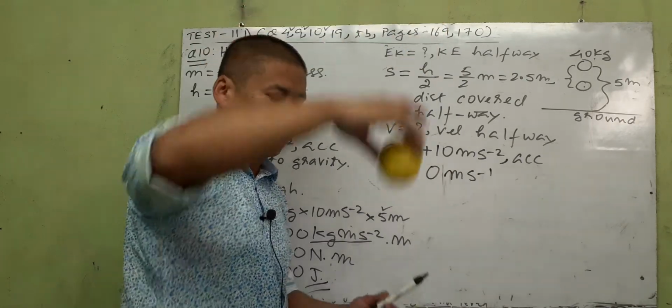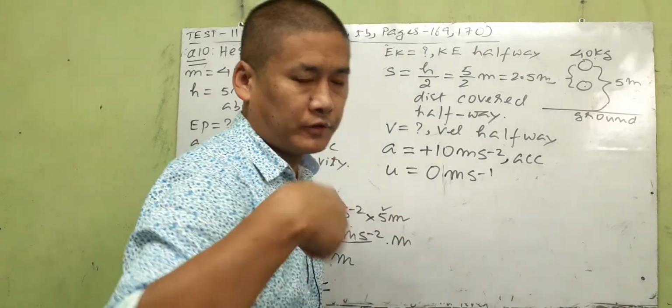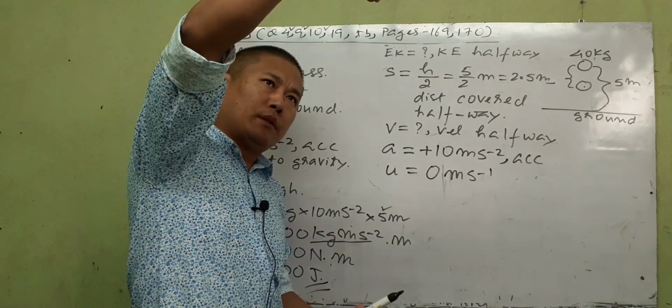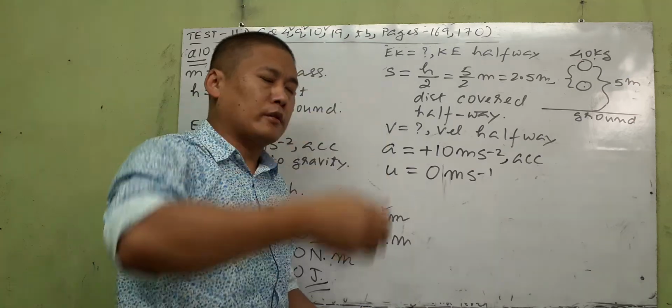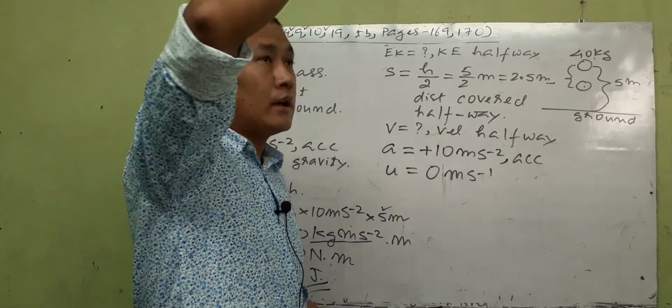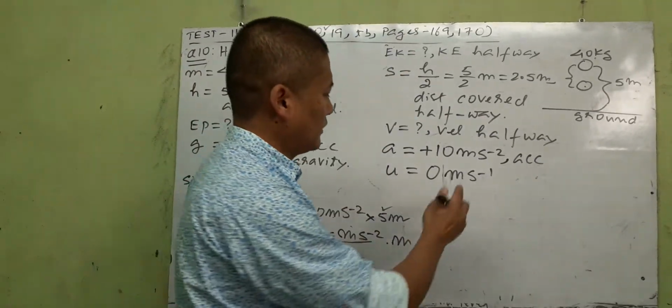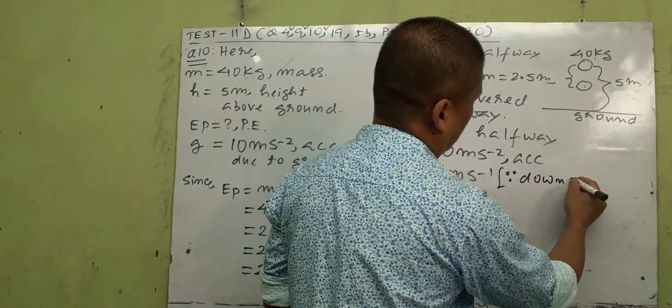That means final velocity for object thrown up is 0. Think about it. But for an object dropped, initially it was not moving, so u will be 0. For an object thrown up, it will stop at the highest height, so its final velocity will be 0. So here thrown downward, so 0.